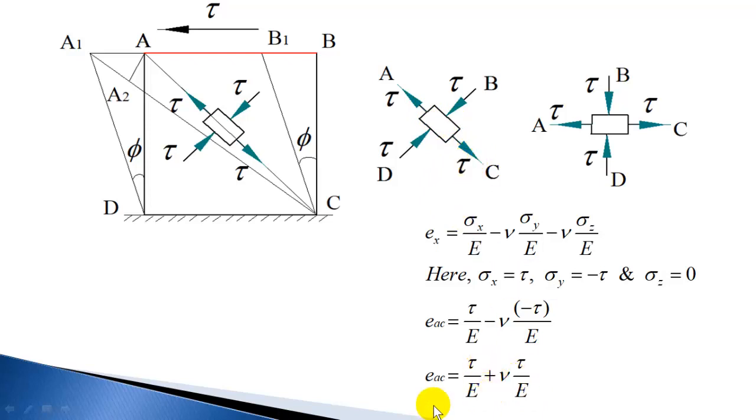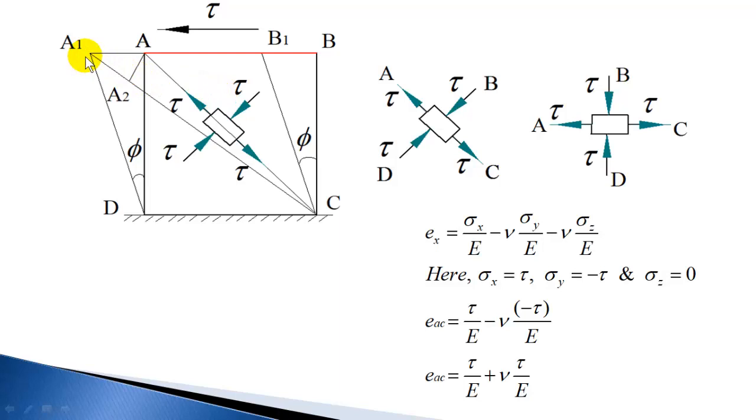So you have the strain along AC, obtained from the stress and Young's modulus. Let us take this as one of the equations to find the strain along the diagonal AC.